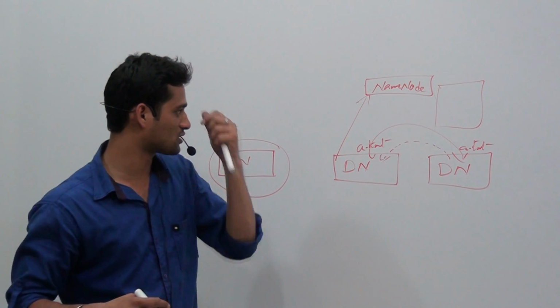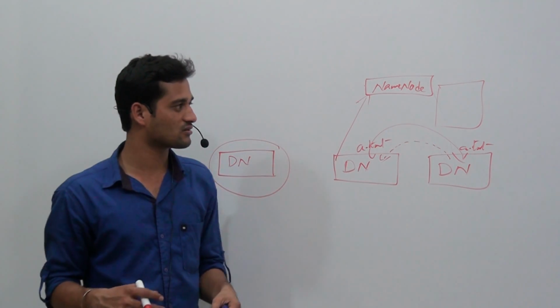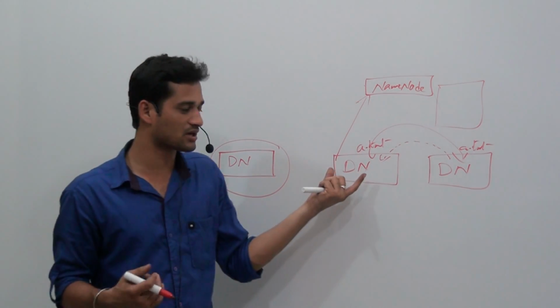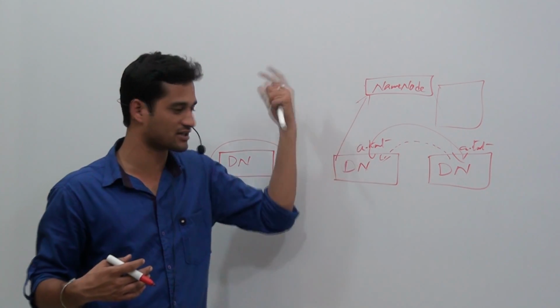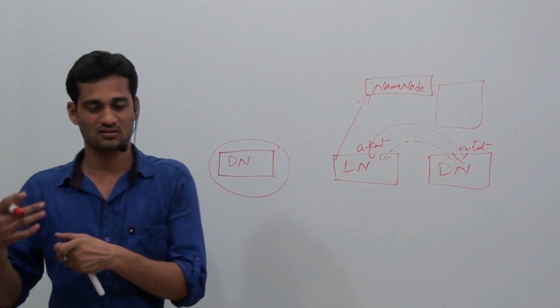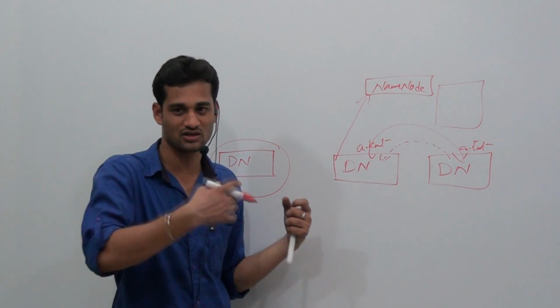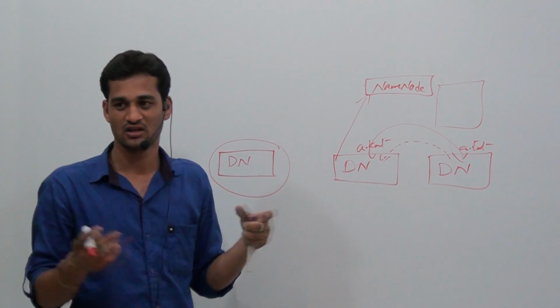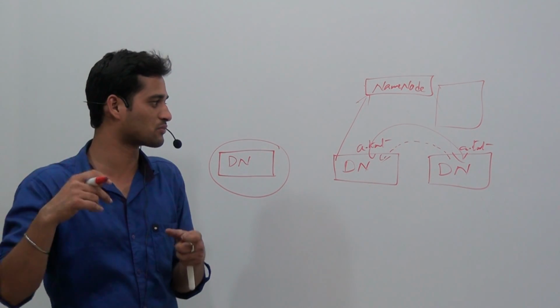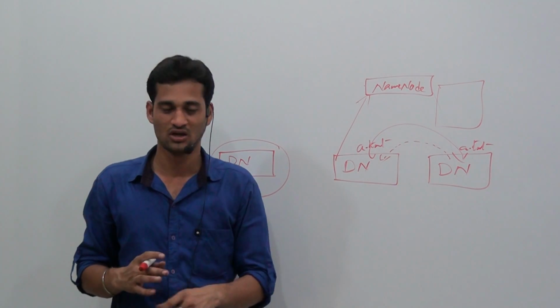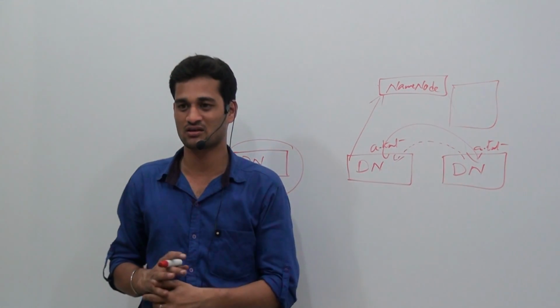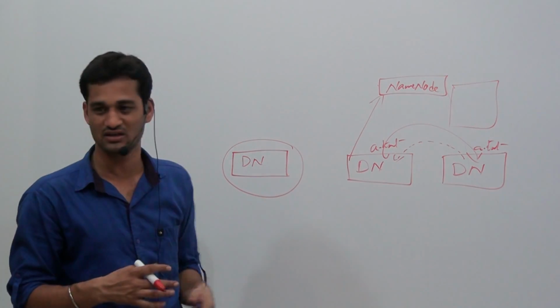So the basic thing here is that the name node receives a heartbeat and a block report from each and every data node. The block report means that if any block is stored in its local data node, it is reported back to the name node, so that the name node can create the metadata for that block for that data node.